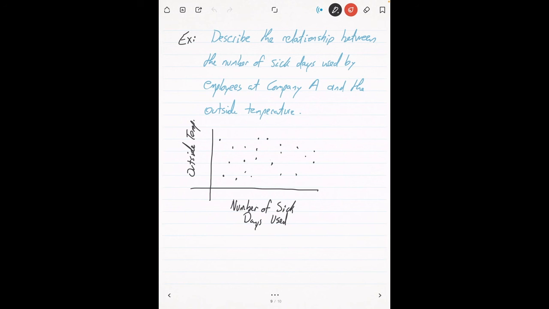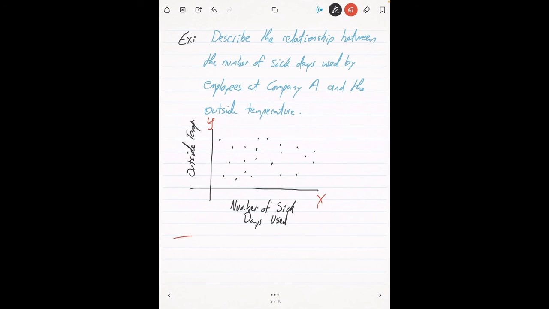And they went through and studied different examples. So these are the numbers of sick days used, and for each of those, this is the average outside temperature for the day. And you're trying to see, is there a relationship here between the x-axis variable and the y-axis variable?